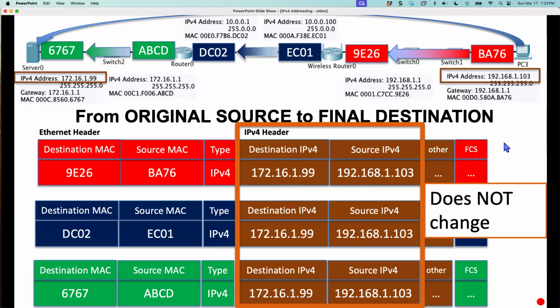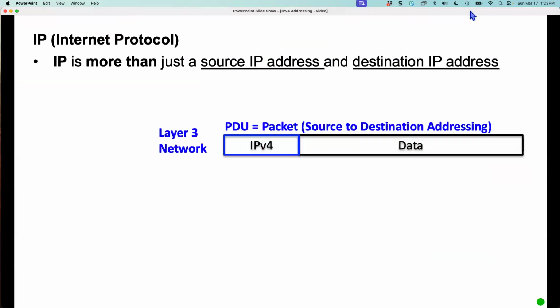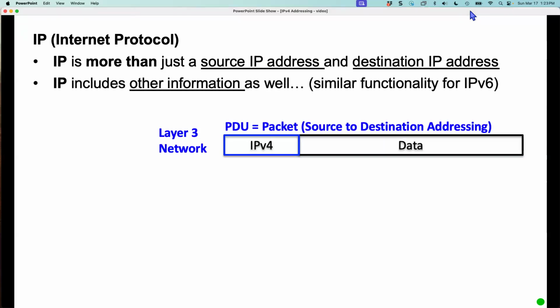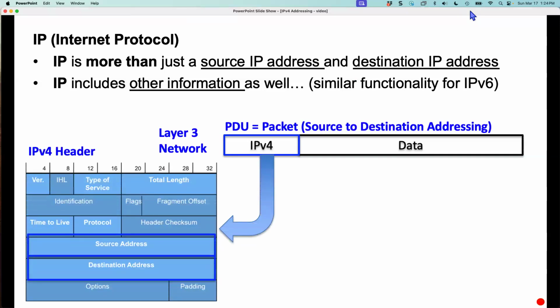The source and destination IPv4 addresses, for now, we'll just say do not change, but it's not an issue in this presentation anyway. So IP, Internet Protocol. It's more than just a source and destination IP address. It actually contains other information as well. In IPv4 here, we can see a whole bunch of information, but we're going to focus on just the source and destination address.